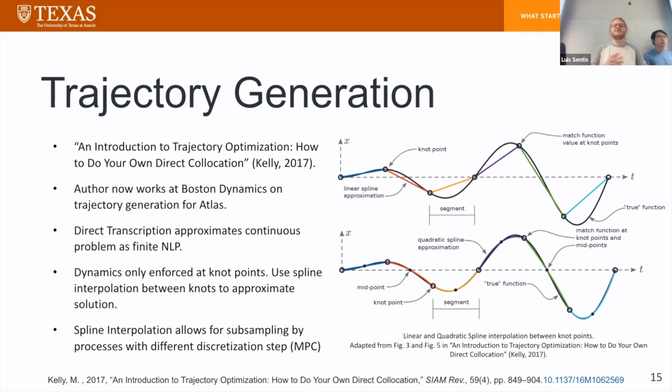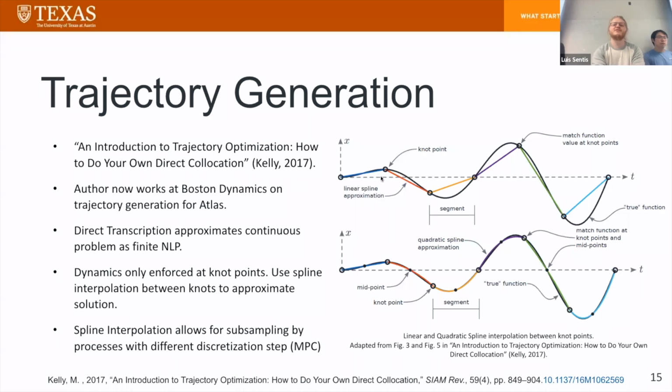We're focusing on direct transcription. We're taking a continuous problem and approximating it as a finite-size nonlinear program. When you convert it into that mathematical formulation, you're able to use solvers that have existed for years and years, because it's a general problem. Specifically for trajectory optimization, though, there are things you have to consider when you do that approximation.